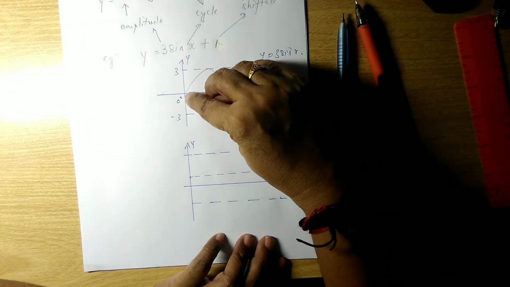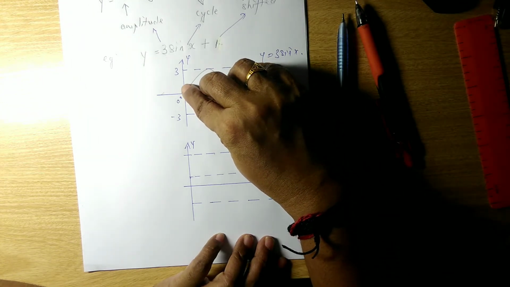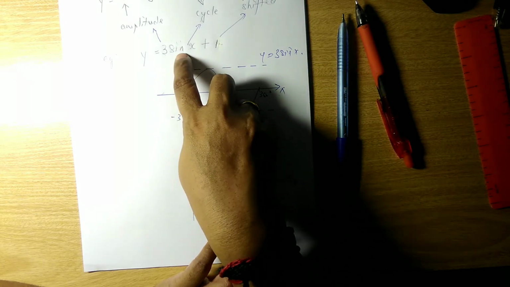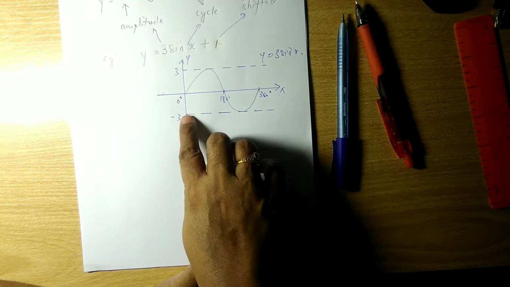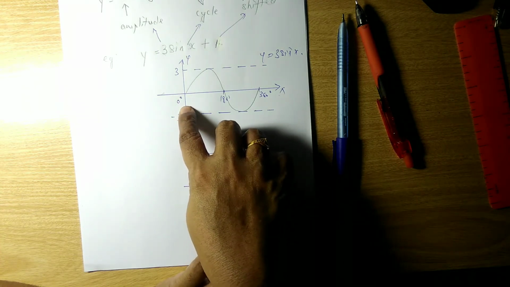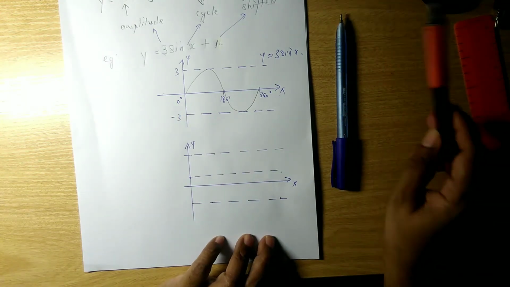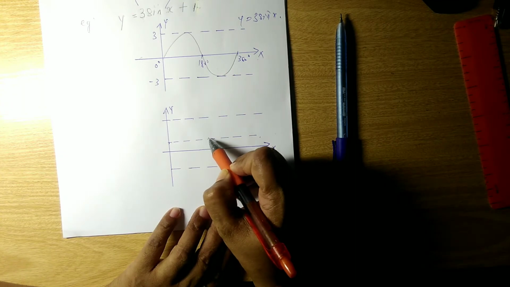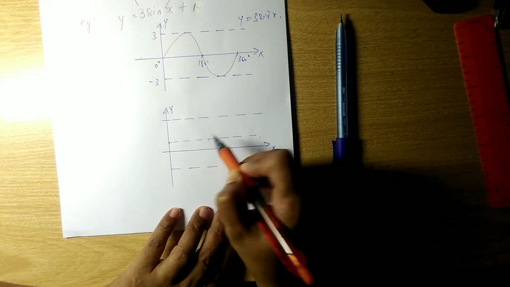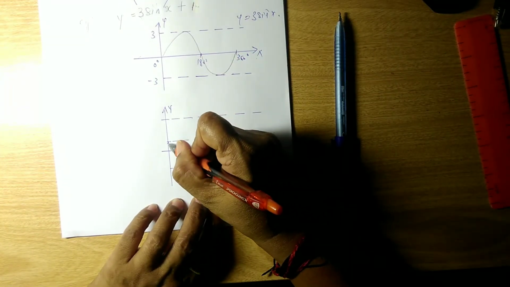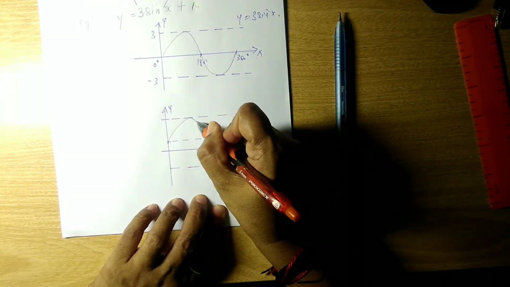So 0 is shifted up to 1, 3 is shifted up to 4, and negative 3 is shifted up to negative 2. Now the graph will look something like this, the entire thing just moves up.